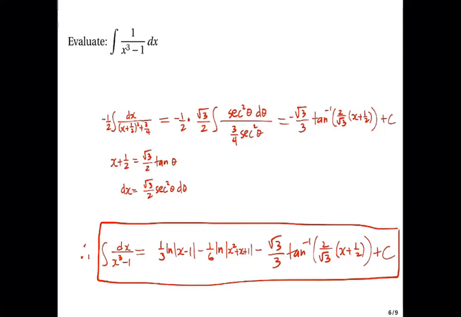Thus, we have here 2 dt divided by 1 plus t squared. And then in here, we have 3 sine x in the denominator, but sine x is 2t divided by 1 plus t squared.